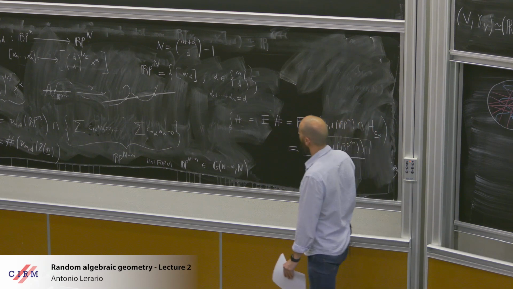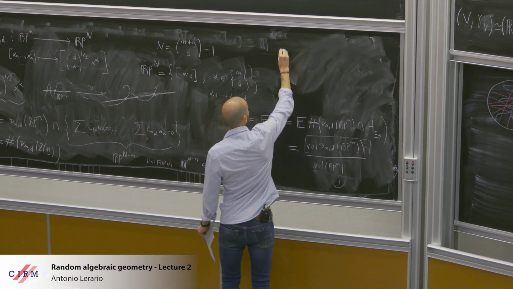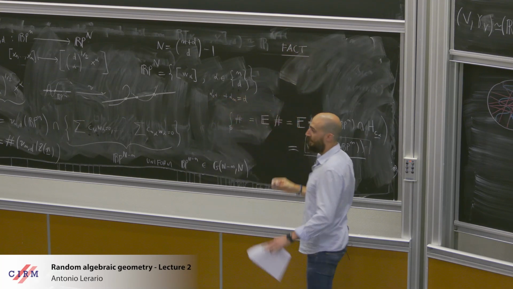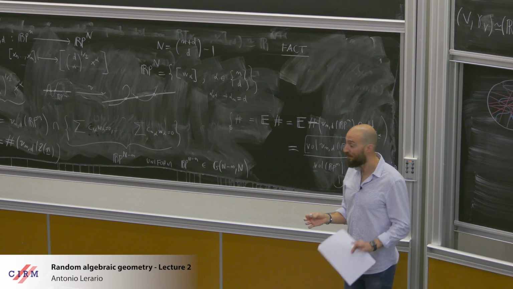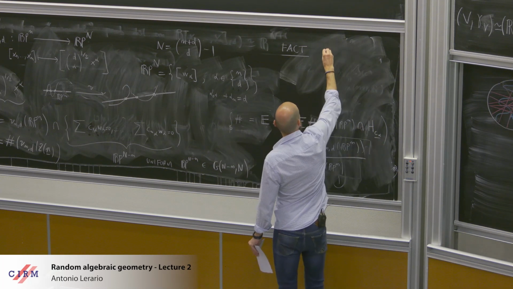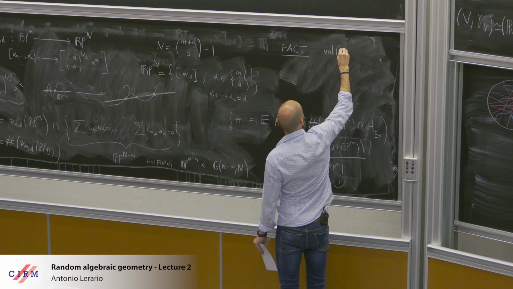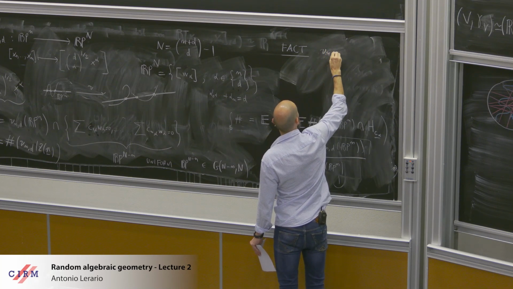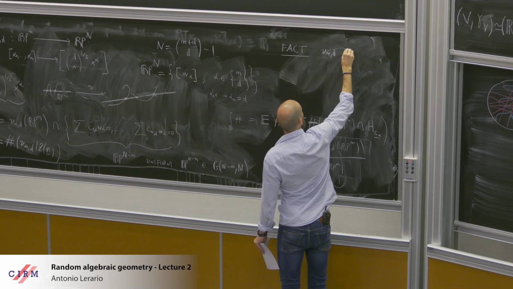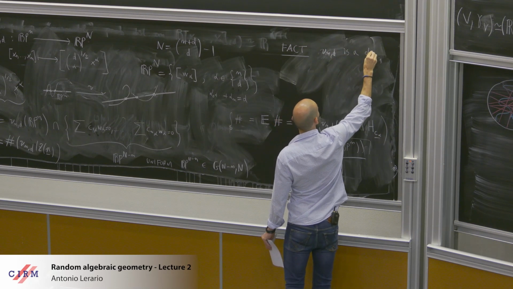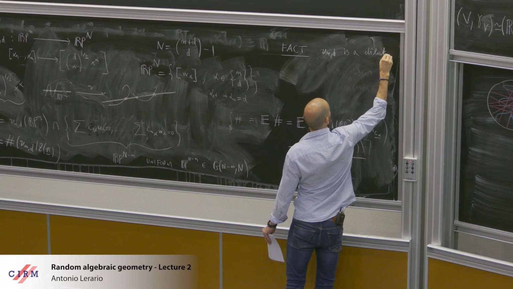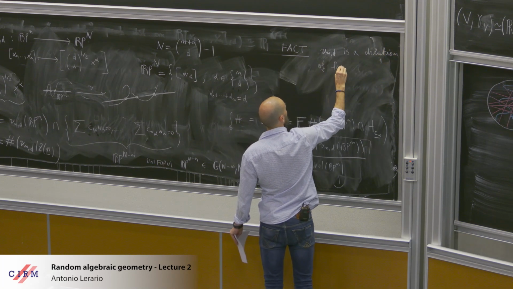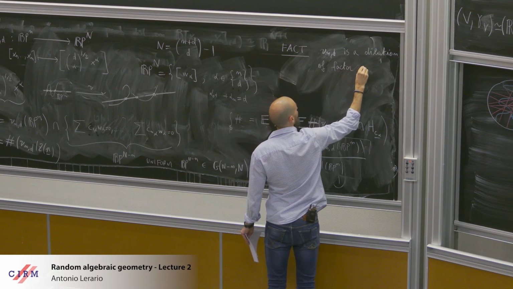Now there is a fact, and believe me, it's really a one-line computation: the Veronese embedding is a dilation of factor square root of d.